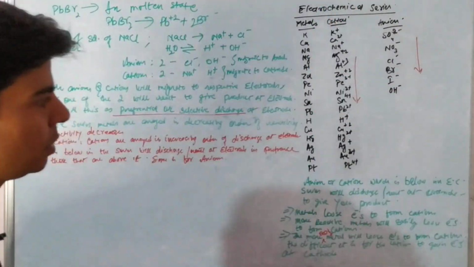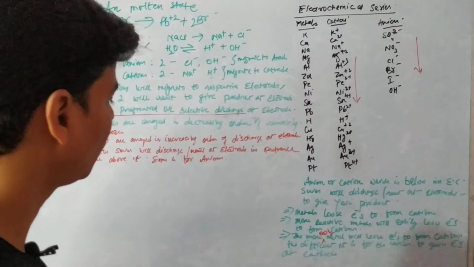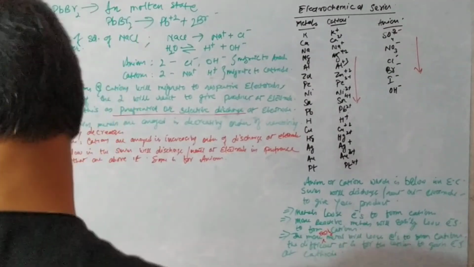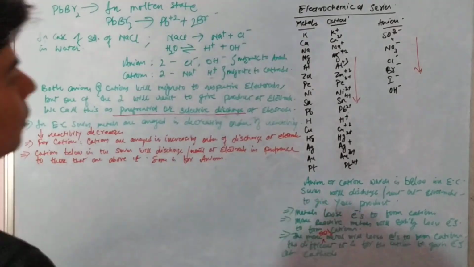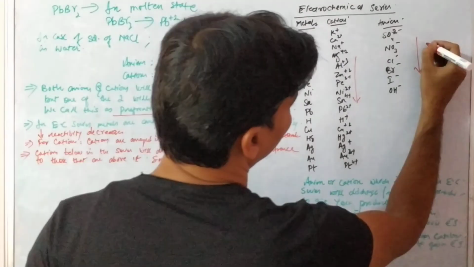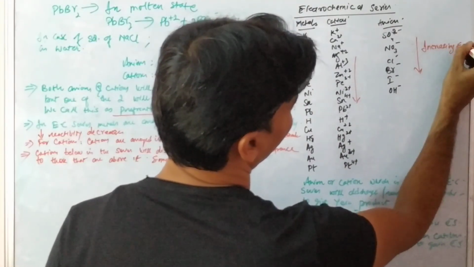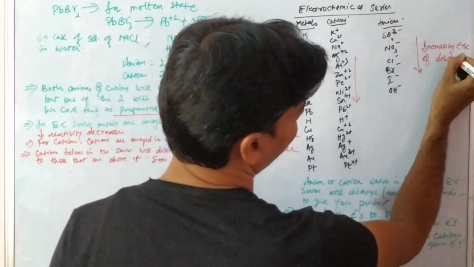As you come down the series, their ability to get discharged at the electrode will increase, right? So we say this is increasing ease of discharge as you come down the series.